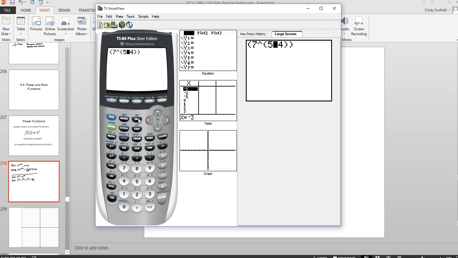There we go. 7 raised to the 5/4 minus 7 raised to the negative 3/4. And there you go. So if you want to round to the nearest hundredths place, you'd round it to 11.15.